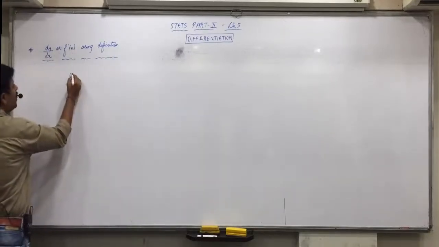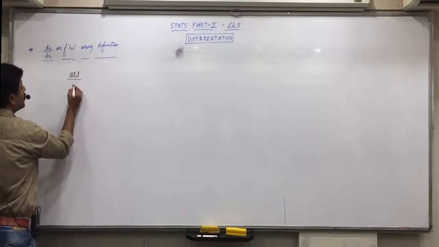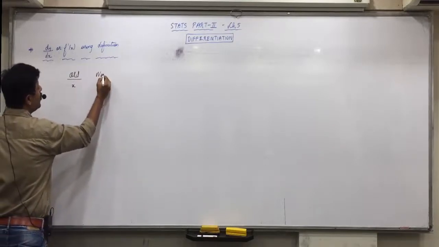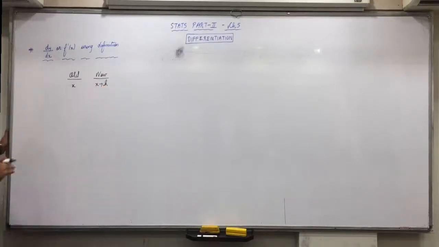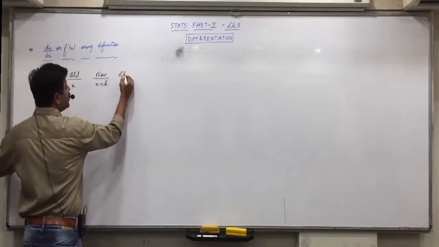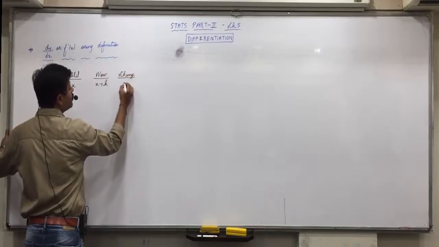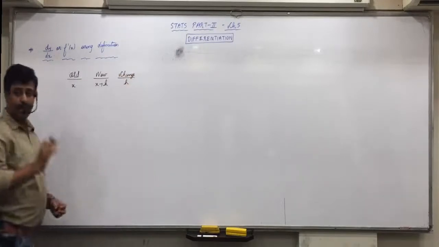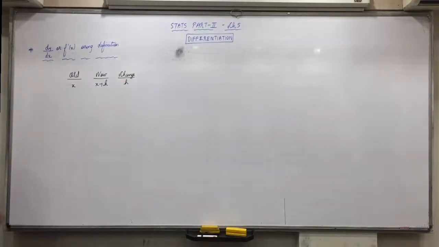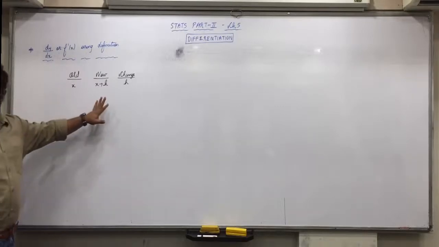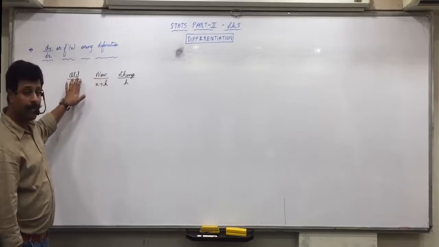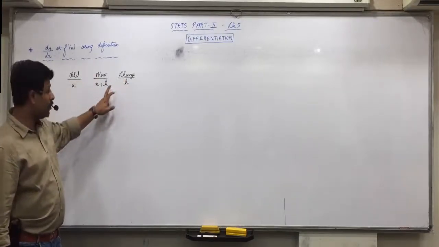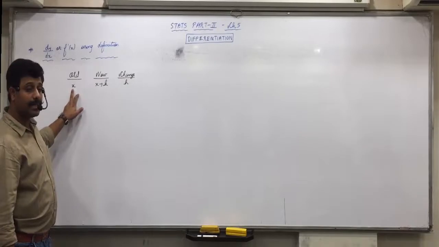Suppose the old value is x and the new value is x plus h. So can I say that the change in the value of x is h? Even if you do new value minus old value, x plus h minus x, x gets cancelled.